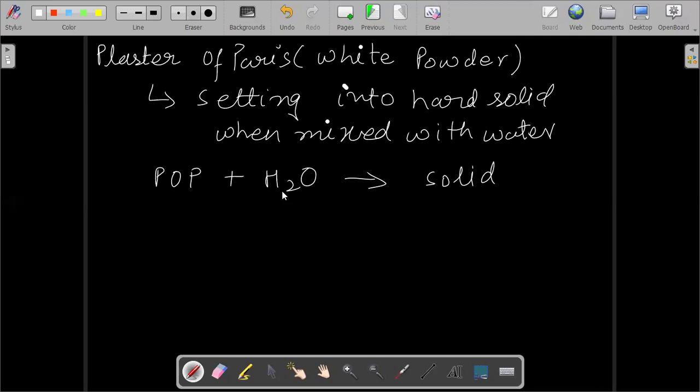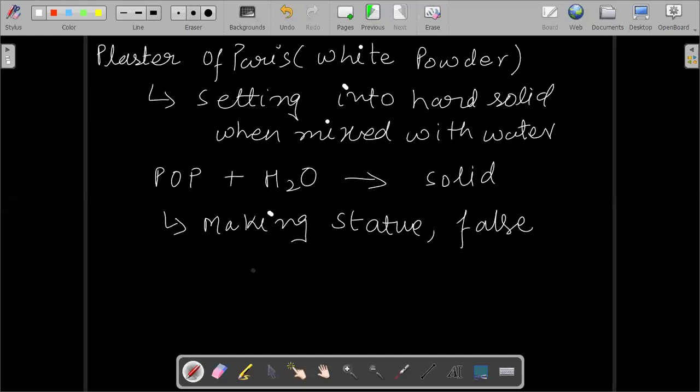POP finds its applications in making of statues, in making false ceiling designs, or just ceiling designs, other designs they are made of.